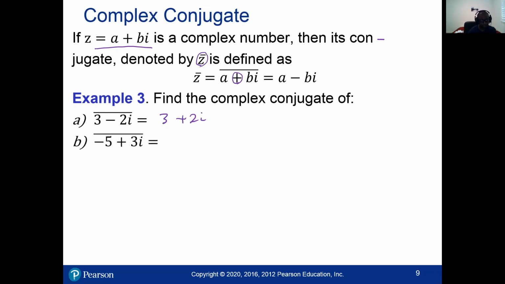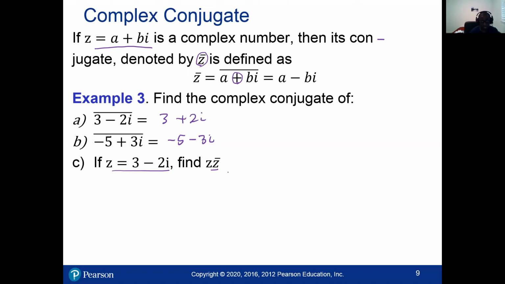Another one: if you have minus 5 plus 3i, the real part stays the same, and the imaginary part changes sign, so that'd be minus 5 minus 3i.